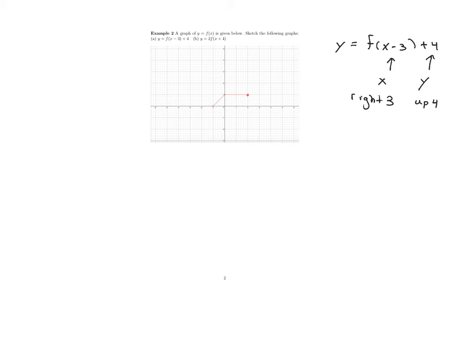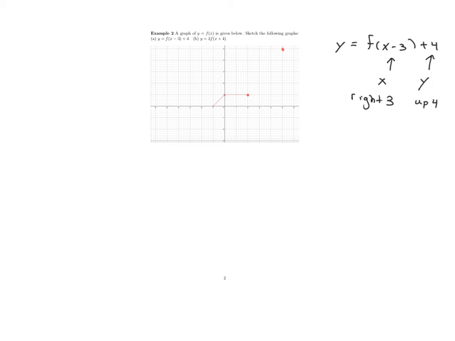So if we start with 2, 1, if it goes right 3, it's 5, 1, and then it'll go up 4 to 5, 5, which is right here. So it went 3 places this way and up 4 places this way. I'm just going to do that for the remaining points on my graph.